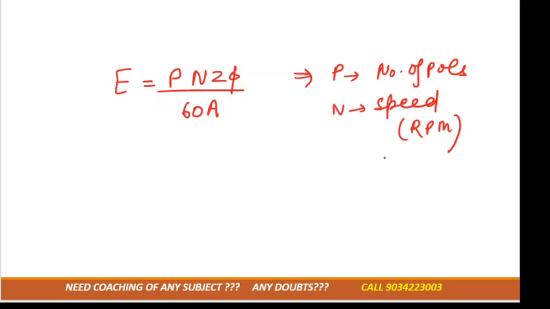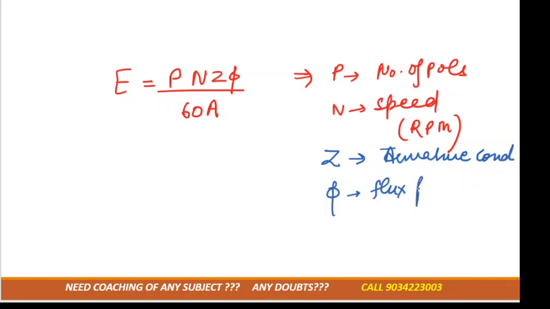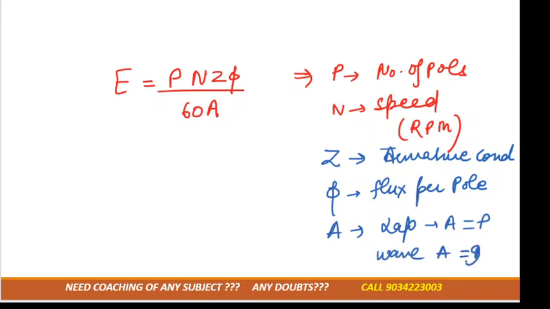If you take it in seconds, then you have to convert it. Z is the total number of armature conductors, and phi is the flux per pole. A is the type of winding. For lap, A would be equal to P, and for wave, A would be equal to 2.